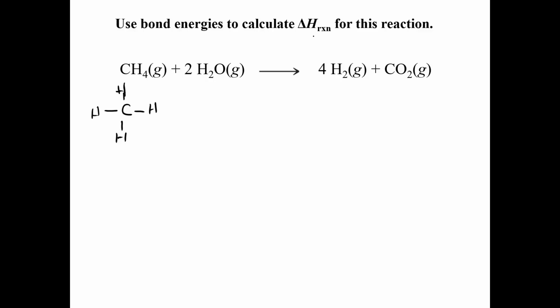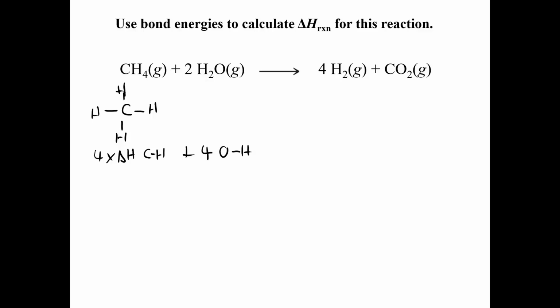Look, we're completely breaking all 4 bonds. So we're going to have to use 4 times the delta H of a CH bond to break this, and we're breaking all of these oxygen-hydrogen bonds, right? And so we have 2 water molecules, which means we have 4 total oxygen-hydrogen bonds.